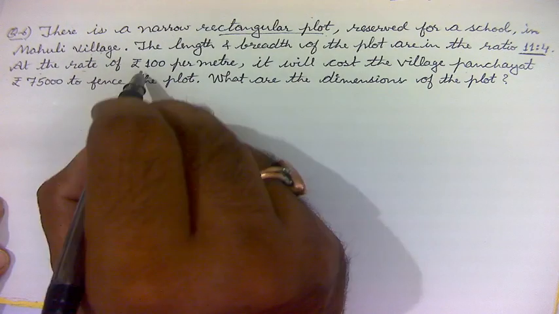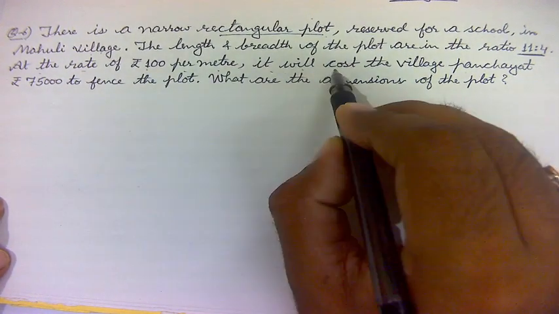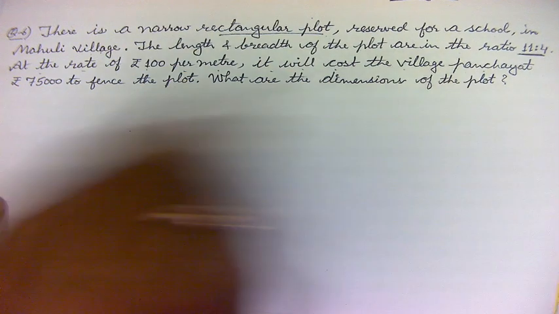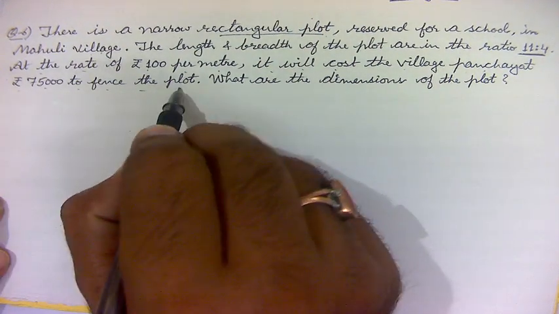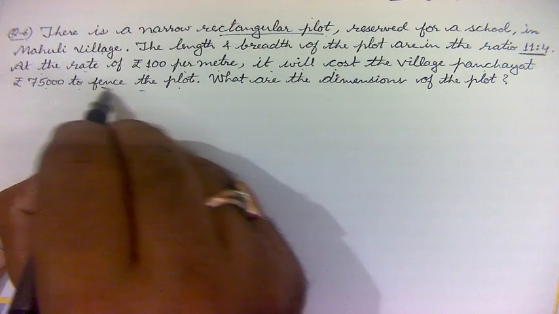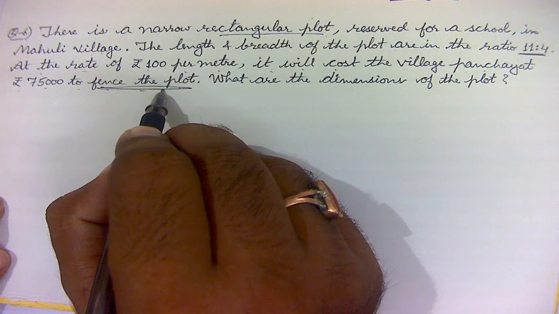At the rate of rupees 100 per meter, it will cost the village panchayat rupees 75,000 to fence the plot. Now fence the plot means to create the boundary on its outer part.